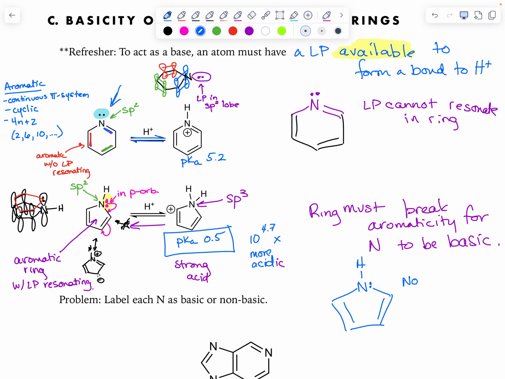The one all the way on the right is resonating, right? We have a lone pair next to a pi bond. It's not part of an aromatic ring, so it's not as tied up, but it's kind of tied up. So there is some resonance.